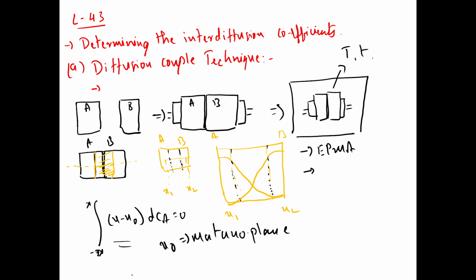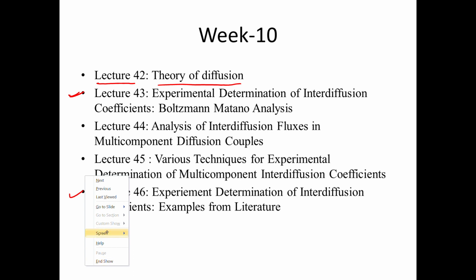And next is determining the interdiffusion coefficients. To determine the interdiffusion coefficients, the formula derived is D tilde. Here we are using D tilde because it's an interdiffusion coefficient. We determine the diffusion coefficients with respect to other components, not self.